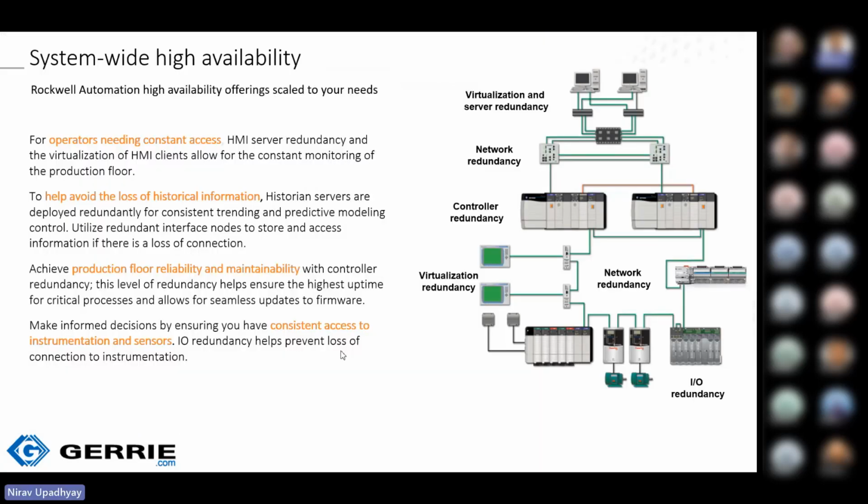So Rockwell Automation also offers a high availability architecture with redundancy at each level. For operators needing constant access, you have HMI server redundancy. To avoid the loss of historical information, there is the option of a redundant historian server.